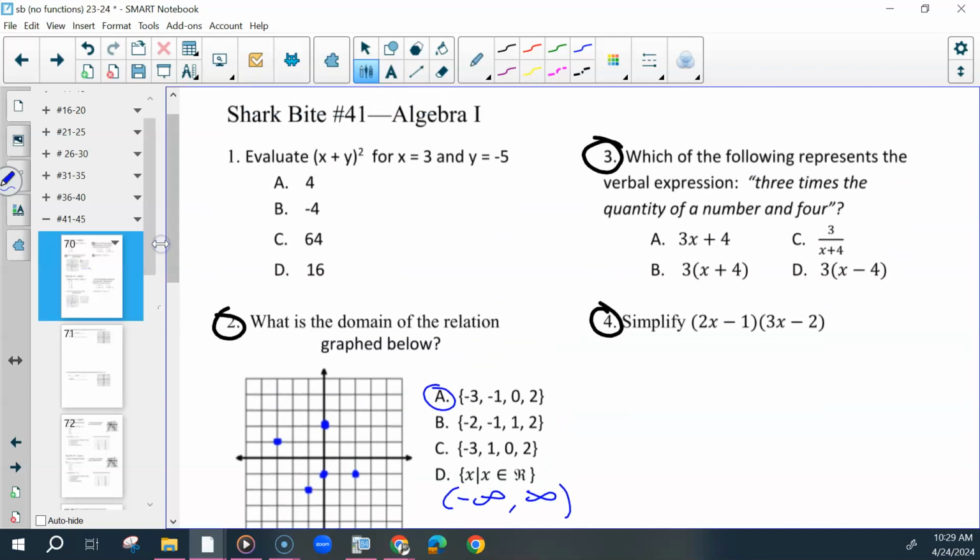Okay. Number 3, which of the following represents the verbal expression 3 times the quantity of a number and 4? So 3 times, these two things would go together. What is quantity? Really, all of it. So like total. Yeah. So addition.